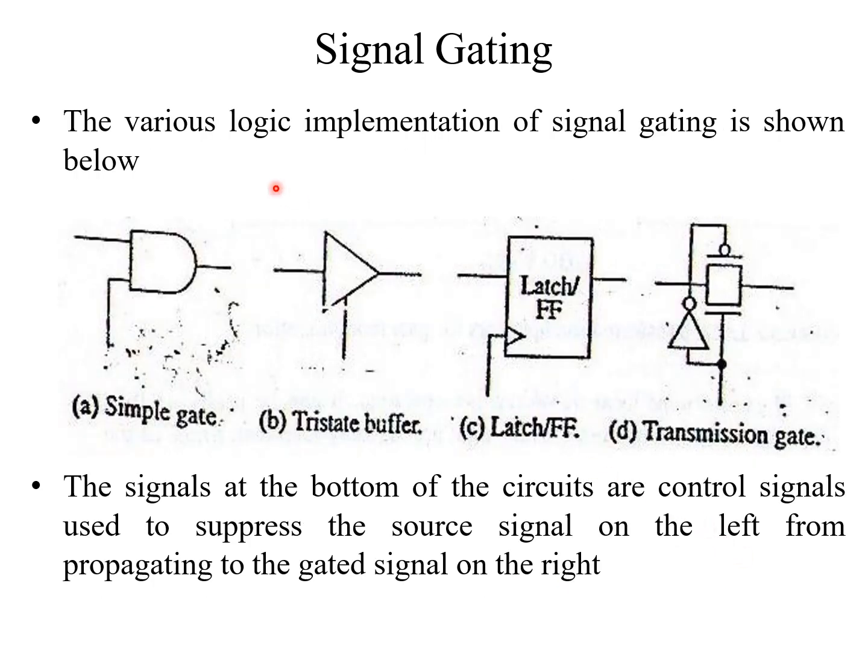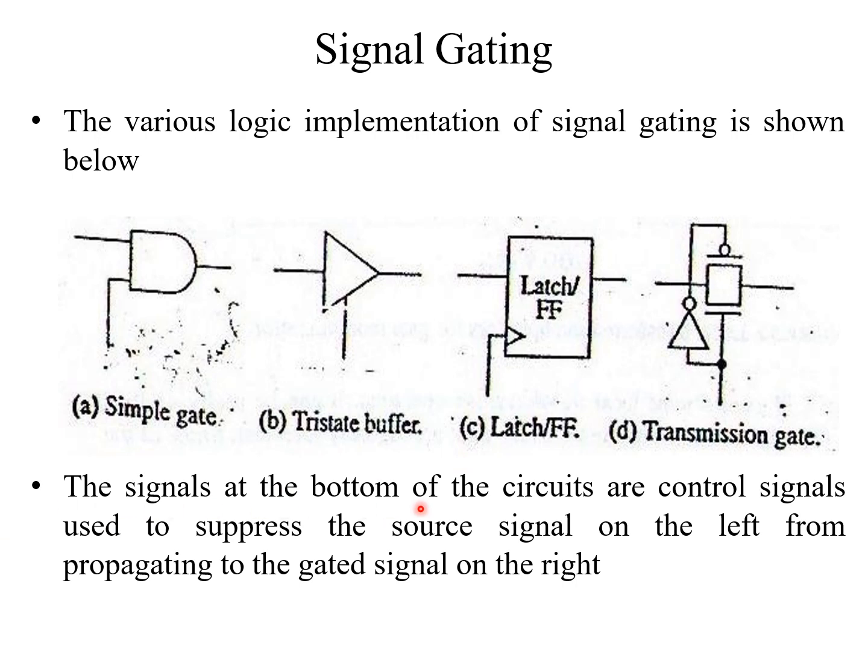The various logic implementations of signal gating are shown below. This is an AND gate, tri-state buffer, latch, and transmission gate. These four act as signal gating to reduce the power in logic circuits.